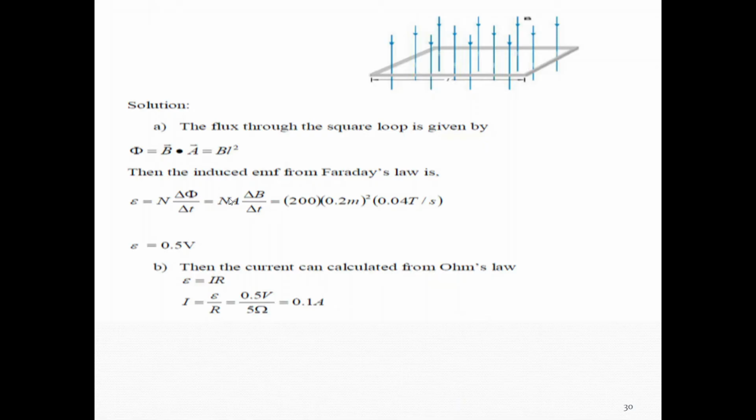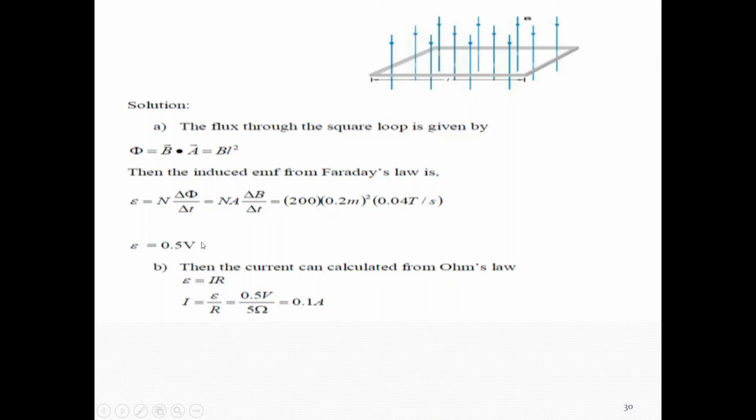So the final result will be, you know that phi is equal to B times area, and the area is length squared. So the EMF is equal to number of turns times change in flux over change in T, and phi is equal to B times the area. So it's possible to write N multiplied by the area, multiplied by change in B over change in T, which is 0.04, and the area is 0.2 meter squared, which is 0.04, multiplied by 200.